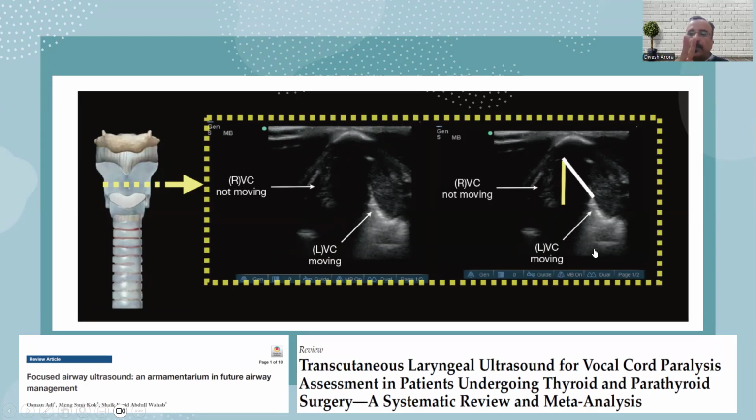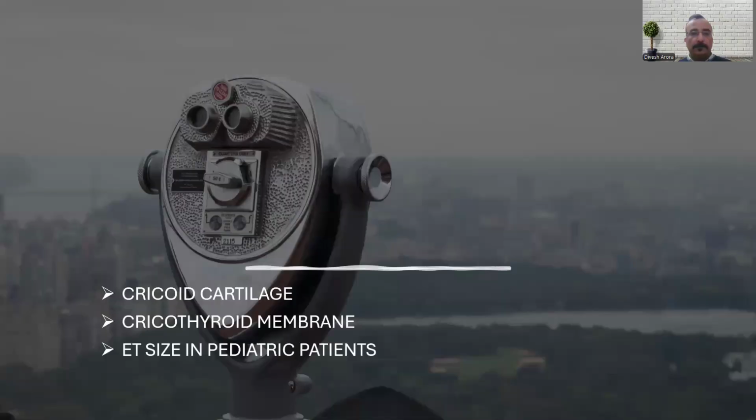In case there is some paralysis or paresis, the movements would be sluggish, which can be easily identified on airway ultrasound. And this has progressed to the stage of systematic reviews and meta-analysis, thereby confirming that this technique holds good validation for identification of vocal cords.